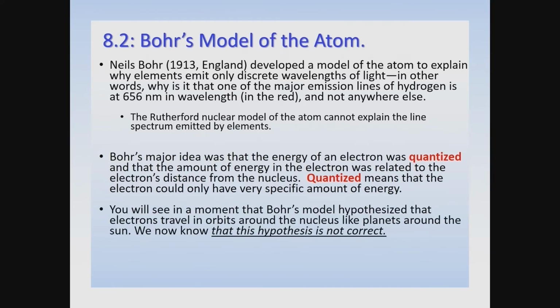Now, one of the things we'll also see about the Bohr model is he predicted that you had electrons that were certain distances away from the nucleus that were traveling around the nucleus in circular orbits. What that means is if something is traveling around an orbit, you can know the next second exactly where it's going to be in the orbit, and you can just continually follow the path because it's a very defined path.